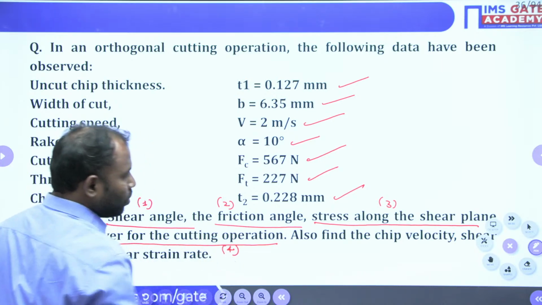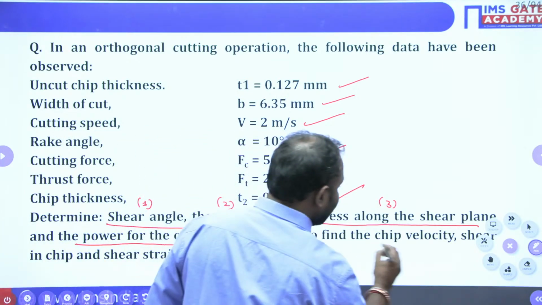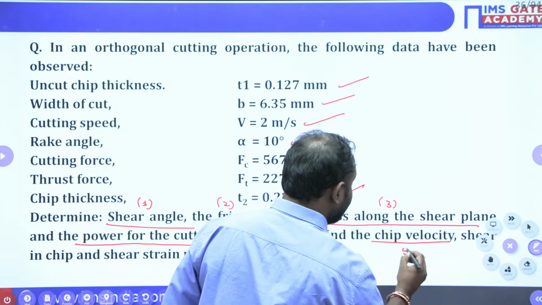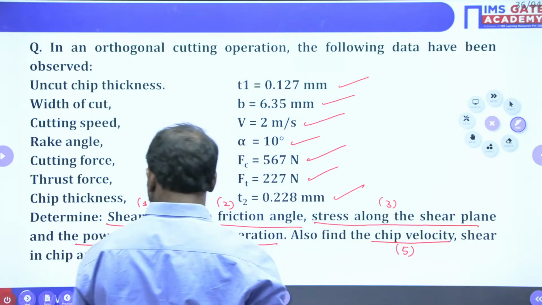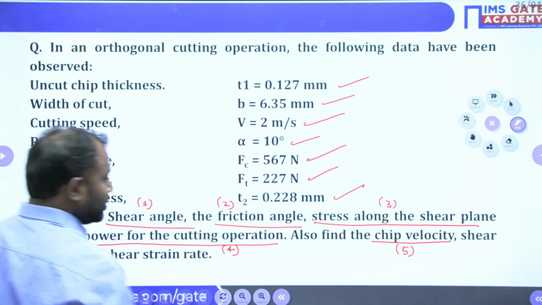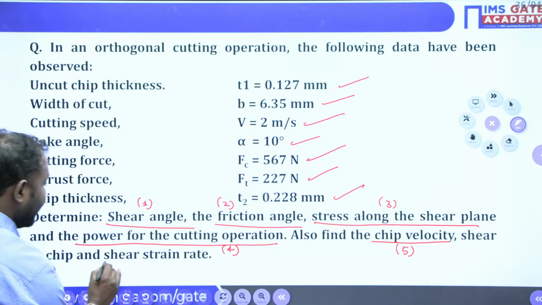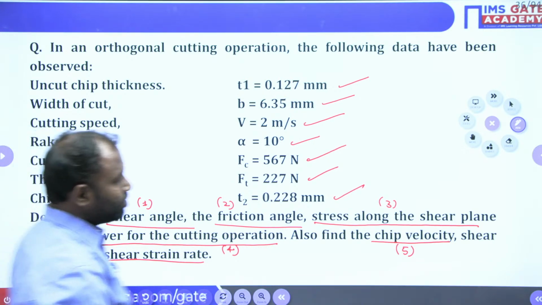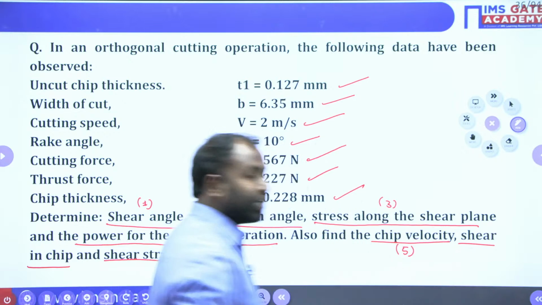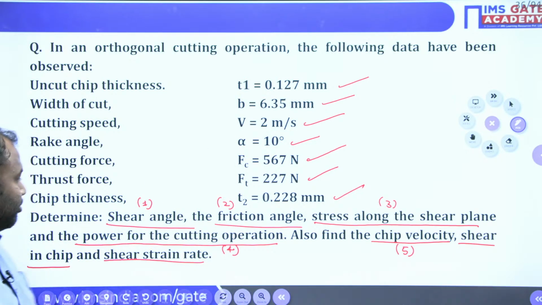Find the chip velocity as the fifth parameter. Next is shear strain in the chip and shear strain rate. Shear strain and shear strain rate we have to find, that is a total of 6 and 7.